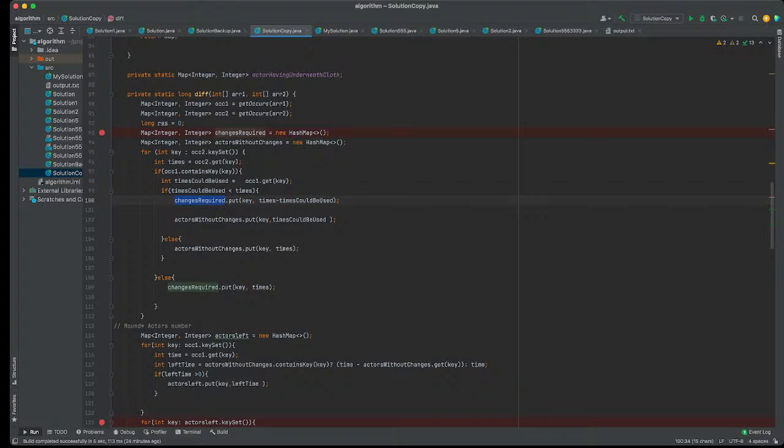Okay, so actors without change means I inherited clothes from the previous stage without any change. So I inherited this number of occurrences of this clothes from the previous stage. If this number of occurrences is bigger than or equal to the required times, it can inherit the required times of this clothes from the previous stage.